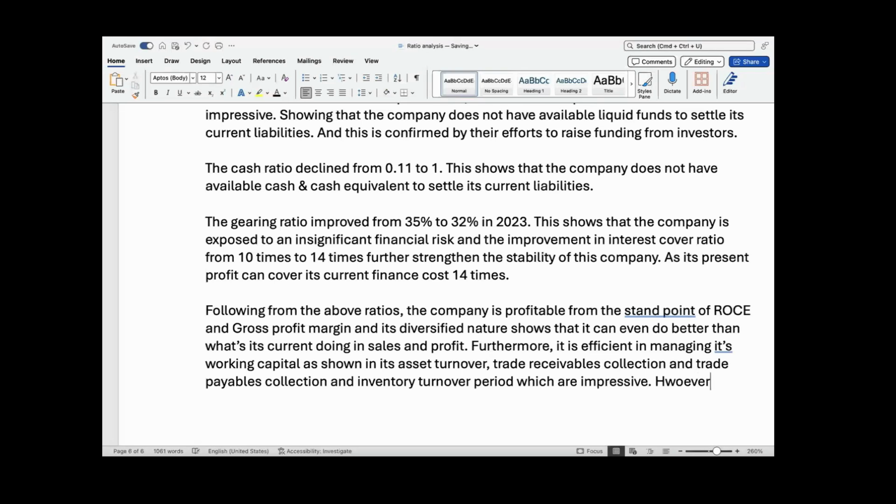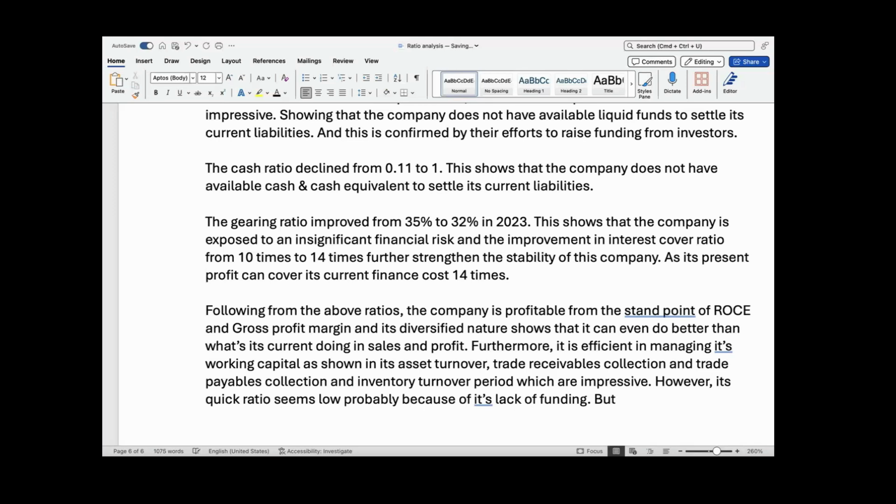However, its quick ratio seems low, probably because of its lack of funding.